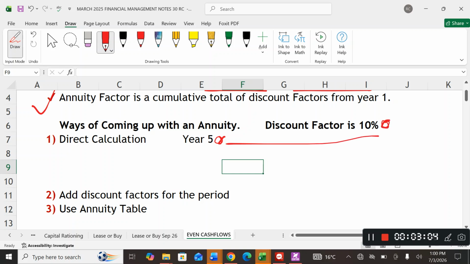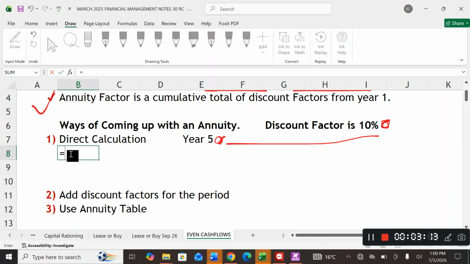How are we going to do that? Let us look at the formula. The formula to calculate the annuity factor is equal to open bracket 1 minus open bracket 1 plus r, where r is the discount factor, to the power negative n, double close, divided by the rate r.